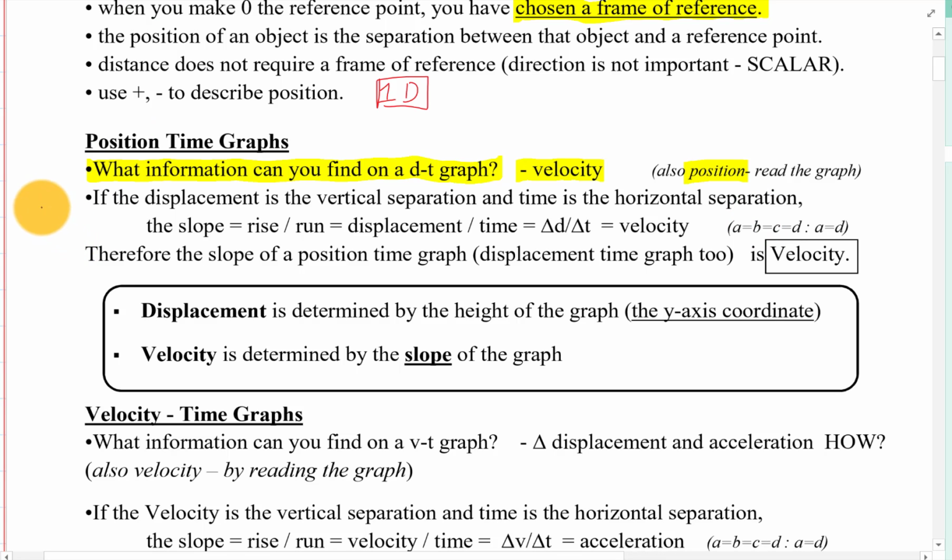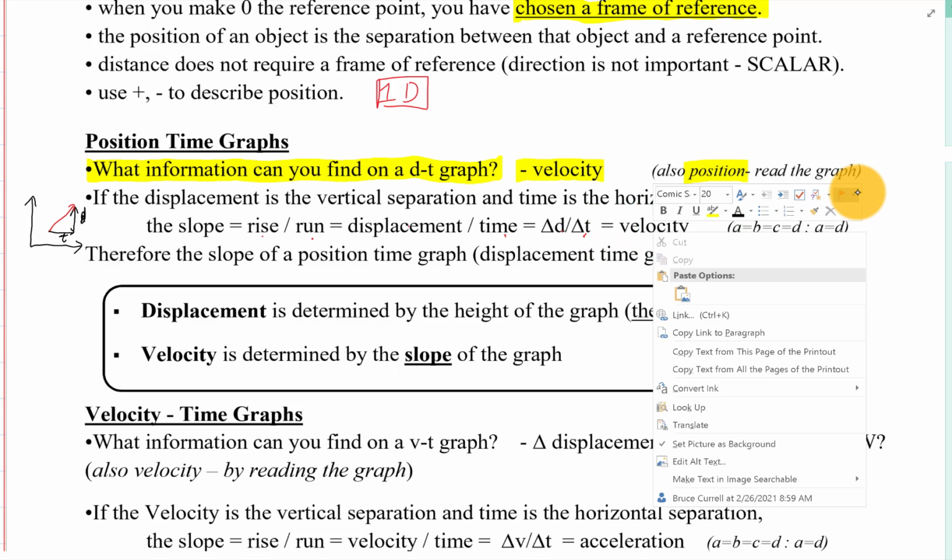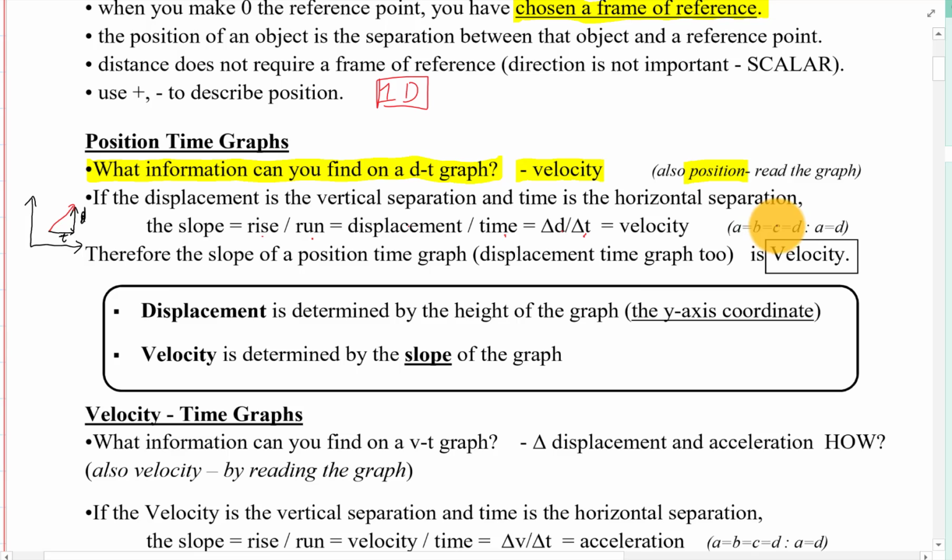You don't understand what I just talked about? The vertical is position, or distance if you want, d, and the horizontal is time. So if we take the slope, it's going to be the rise over the run, which is the displacement over the time, which is d over t, which is velocity. I'm using the math that if a equals b, which equals c, which equals d, then a equals d.